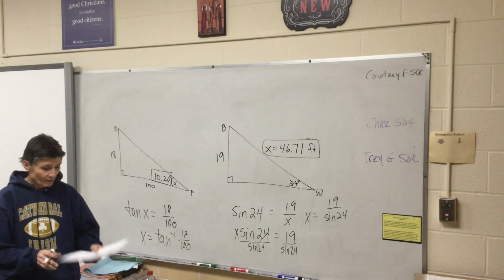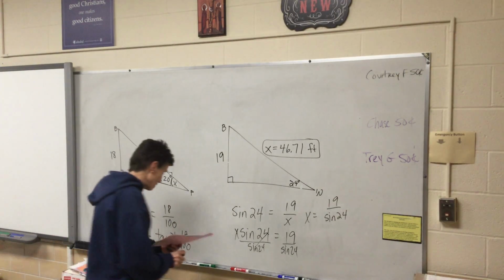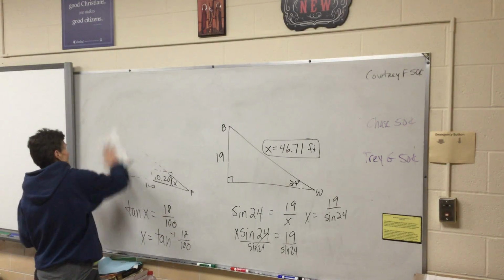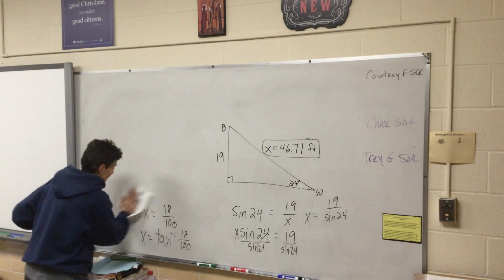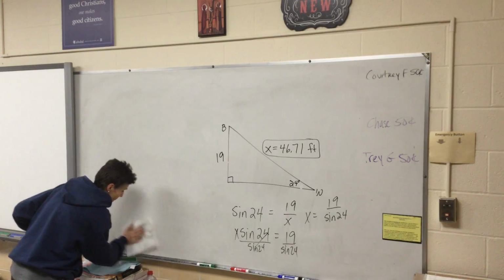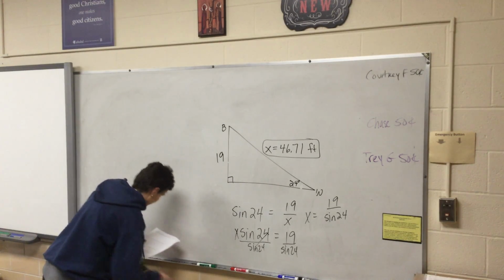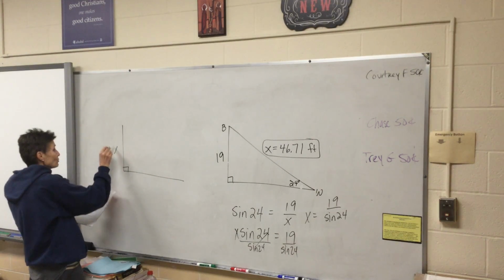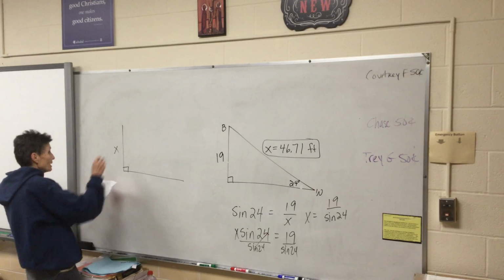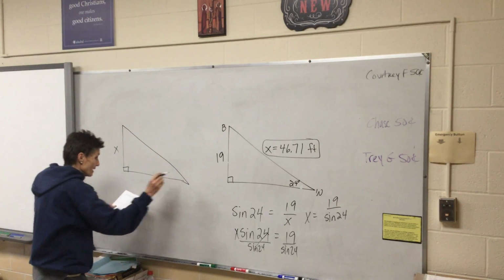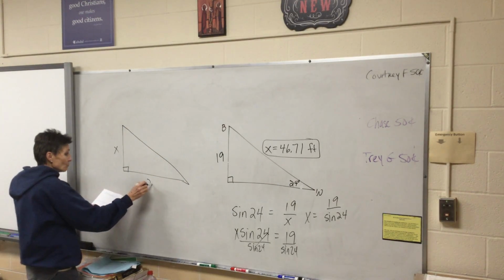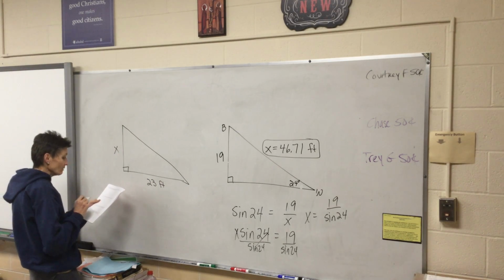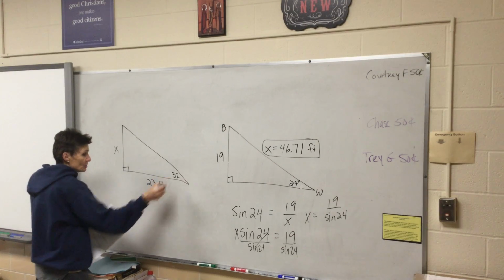Okay, all right, one more in this section, then we got some drawing to do, it looks like. How tall is a flagpole? So here's my flagpole. How tall is it if it casts a 23-foot shadow when the angle of elevation is 32?